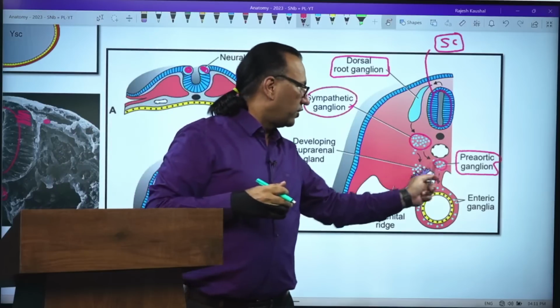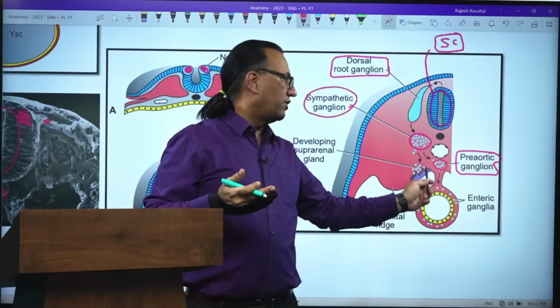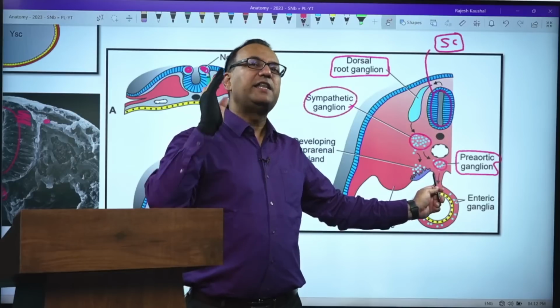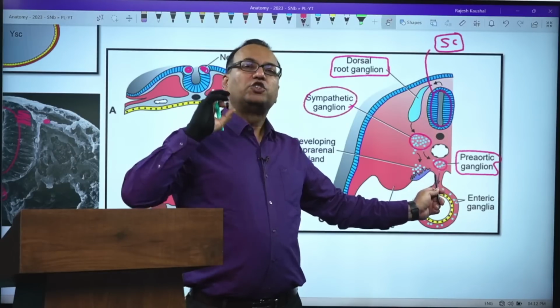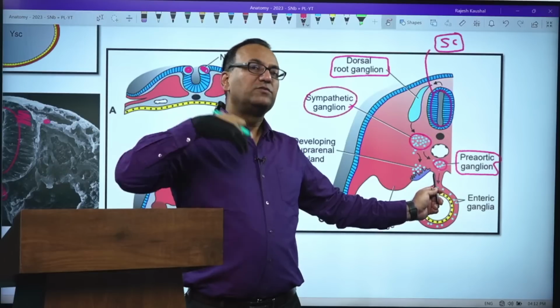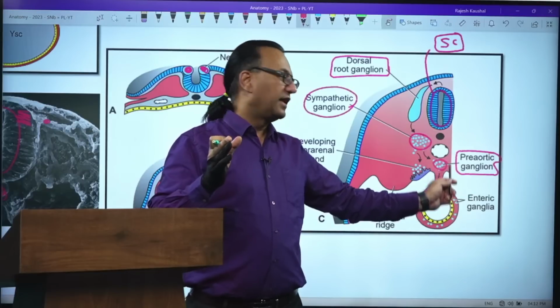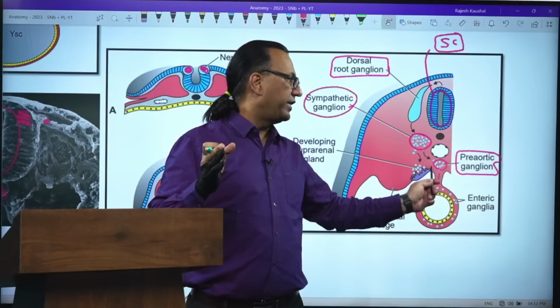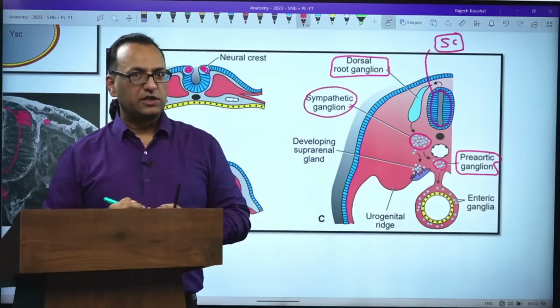So in front of the aorta, that is pre-aorta, you'll have some blood vessels like the celiac artery, so a related ganglion, celiac ganglion. Superior mesenteric artery for midgut, superior mesenteric ganglion. Inferior mesenteric artery for hindgut, inferior mesenteric ganglion. These are pre-aortic ganglia, and even they are coming from neural crest cell.